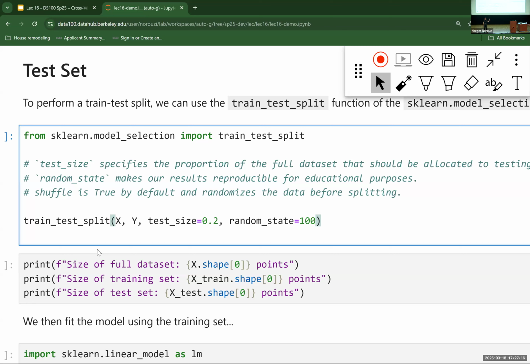You want it to be random, but pseudo-random. You don't want to get different results every time. If I'm reporting the test error to a certain precision, I want to get exactly the same thing, and I don't want to leave it to chance, so that it's reproducible. The way that we would do it is by putting a random seed in the randomization function.